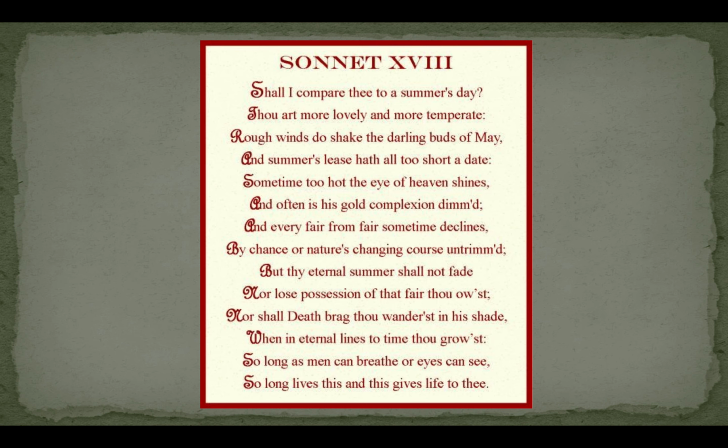So lots of imagery and metaphors related to summertime, springtime, growing, the sun, things fading, things growing, all of these things happening in the summertime. So we're going to look for these types of images and metaphors. So we see an ongoing or extended metaphor here where summertime and all of the things related to summer are repeated throughout the sonnet.